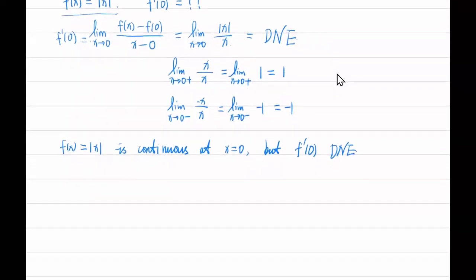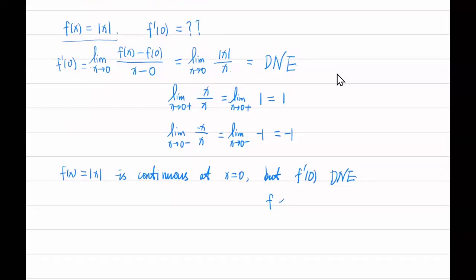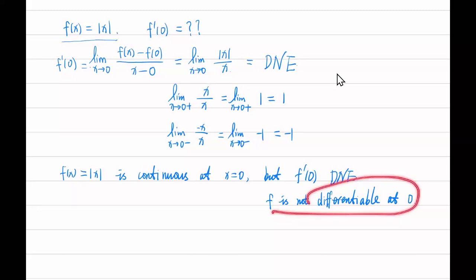In other words, it's not differentiable at 0. Being differentiable is stronger than being continuous. If it's differentiable, it must be continuous, but if it's only continuous, then maybe or maybe not differentiable.